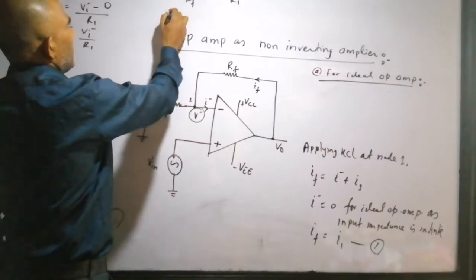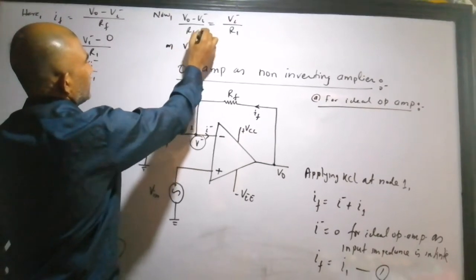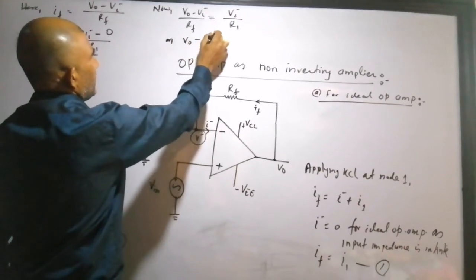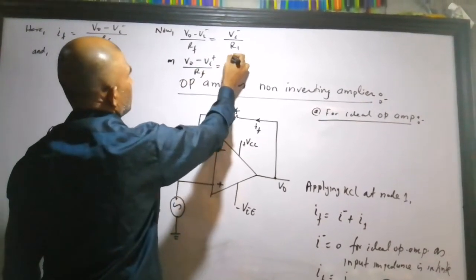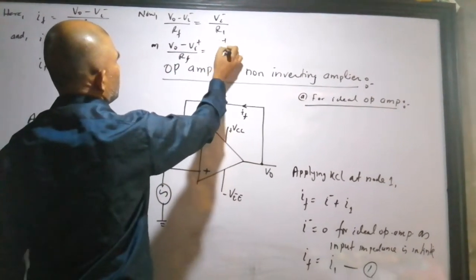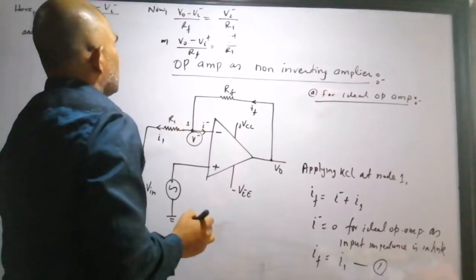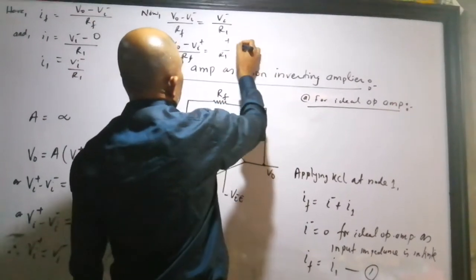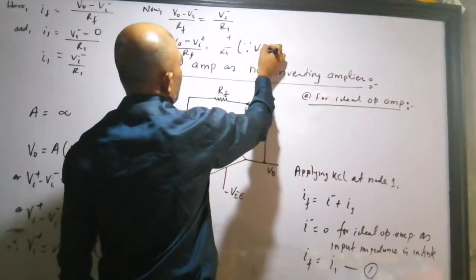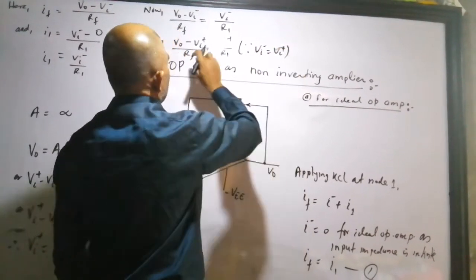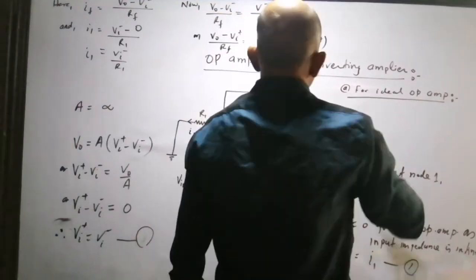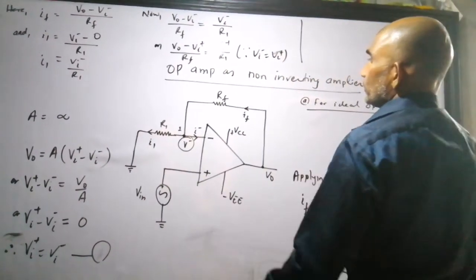So I can write here Vout minus Vi minus becomes Vi plus upon RF, and this is also Vi plus upon R1. Now why did I write this? Vi minus is equal to Vi plus, so I have the right to write this.